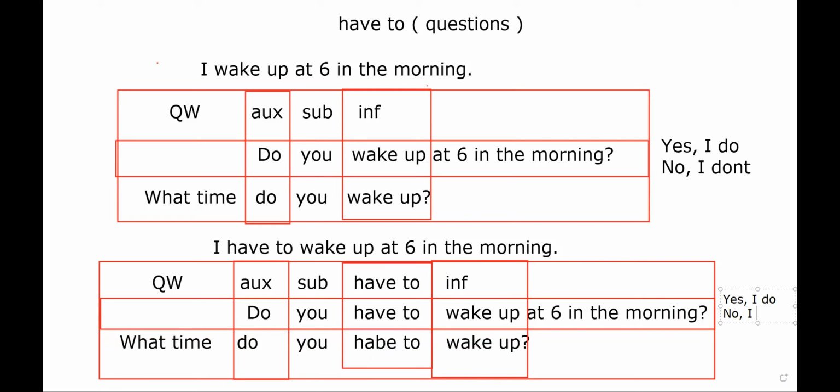No, I don't. Okay. So this is about you. I just explained and showed you the difference between a normal question in present simple and a question with have to.